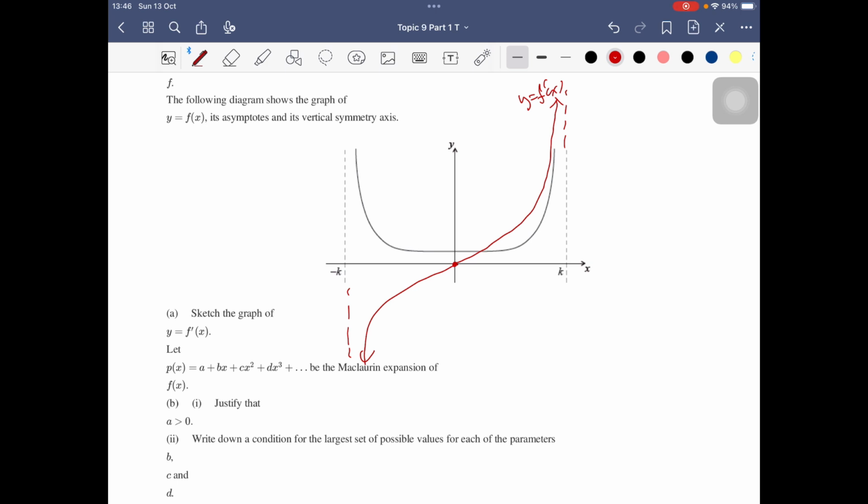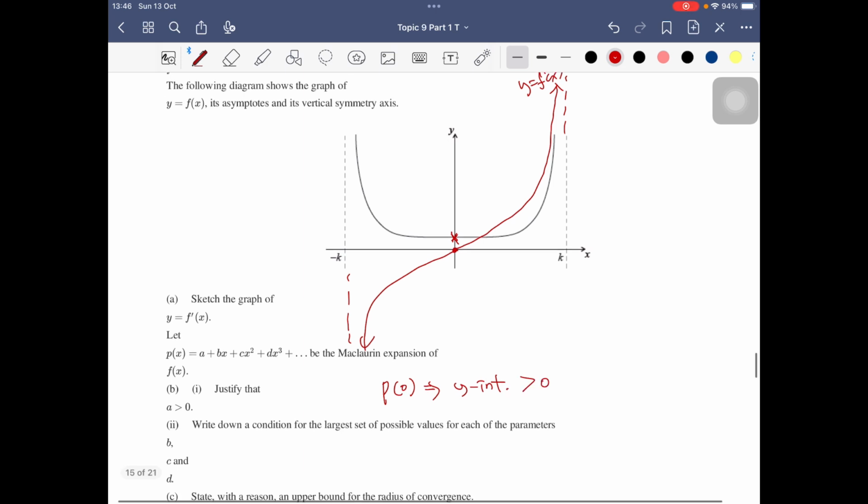And p of x is the Maclaurin series of f of x, and a is larger than 0. P of 0 is something here, the y-intercept, which is larger than 0 on the graph. So this is justified.